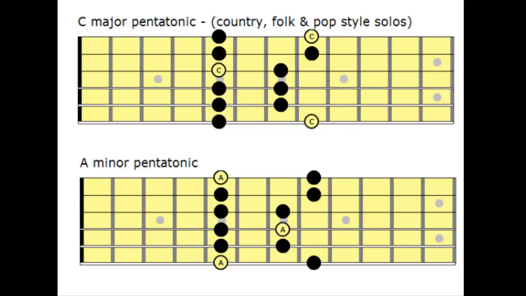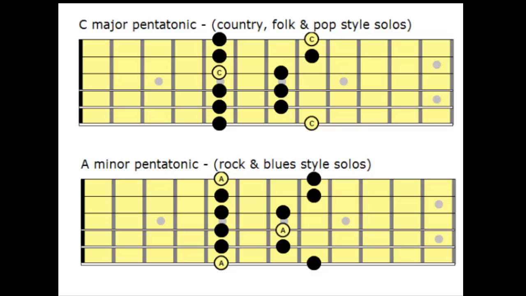So if you had a country song in the key of C, this C major pentatonic scale would work quite nicely over the chord progression, providing it was a very simple chord progression and all the chords were derived from the C major scale.